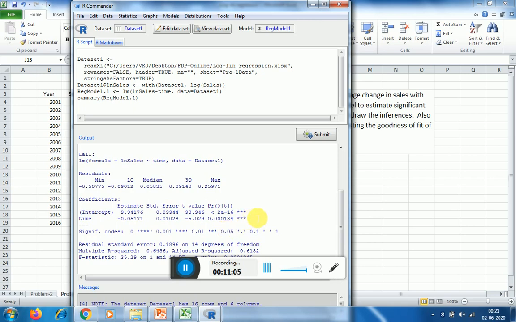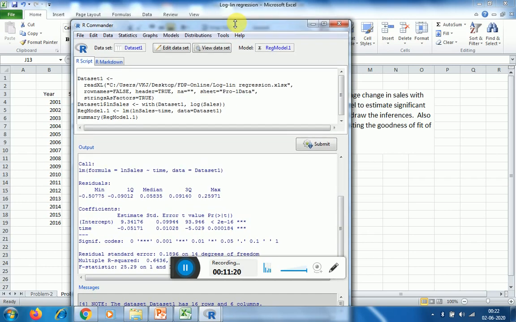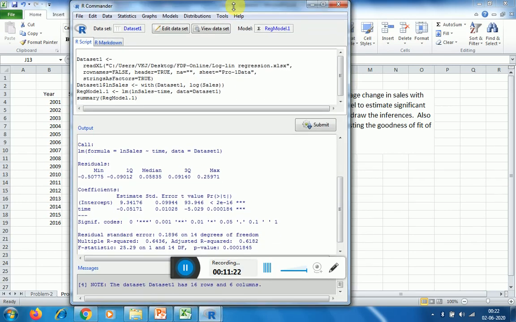So at 1% level of significance, we can say that intercept and time both are significant. If you check the R square, here you can see that R square value is 0.6436. That means this time explains 64.36% influence on the percentage sales.